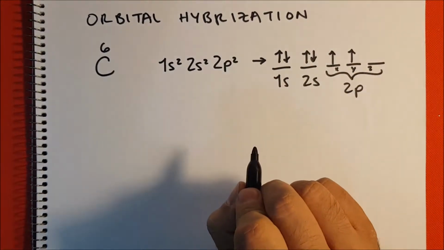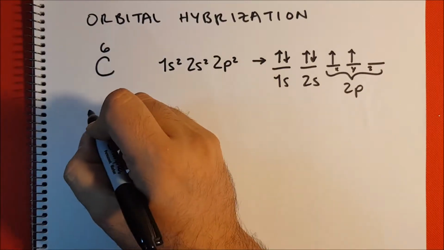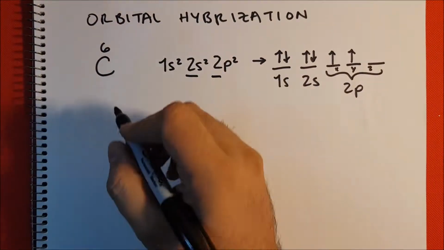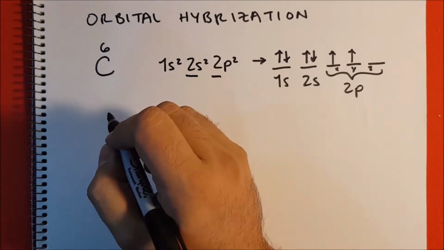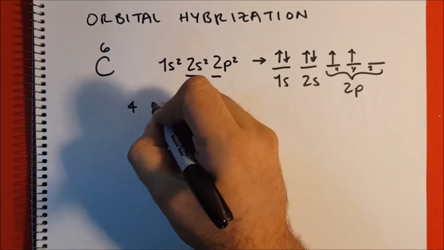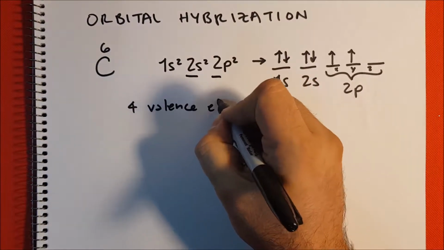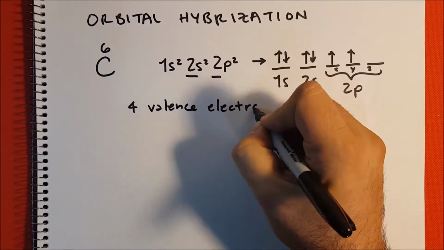Now, if you remember from other courses, our valence electrons are the ones that are on the highest shell. So in this case, shell number 2. And that gives carbon 4 valence electrons, making it a perfect candidate for covalent bonding.